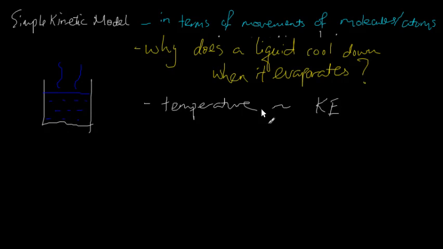Now the thing about evaporation is that it's not boiling. In boiling we would apply heat, either as a fire or electric heater. We would apply heat and then temperature increases and it boils. But evaporation is different, right? What are the characteristics of evaporation? Evaporation means that you don't apply any heat.